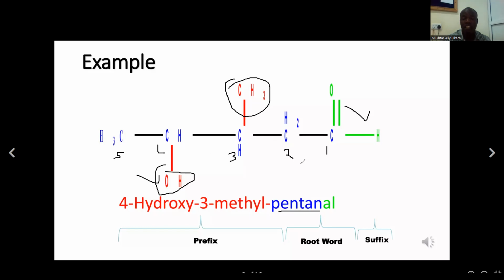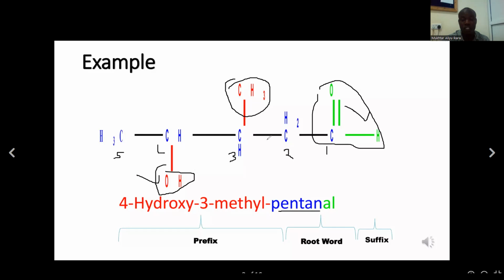So here, the aldehyde functional group is given high priority. That is why it ends with al, that is pentanal. But if the priority is given to this one, then at the end it will have the OL functional group, that is alkanol, the OH functional group.